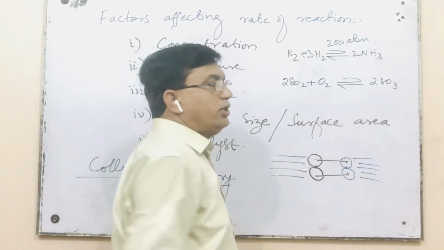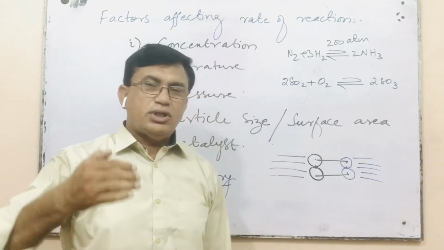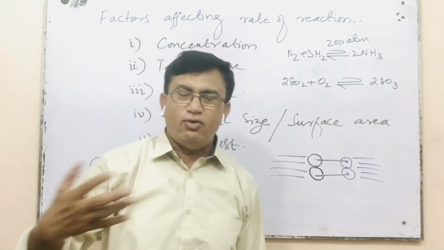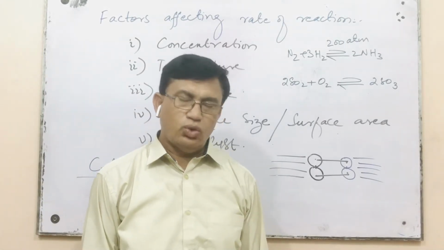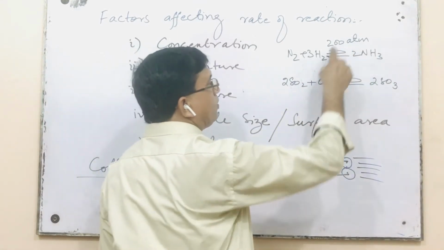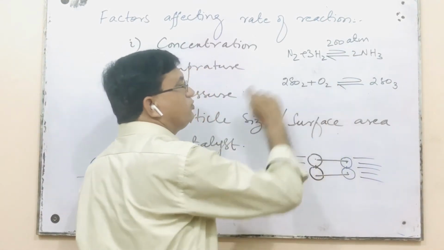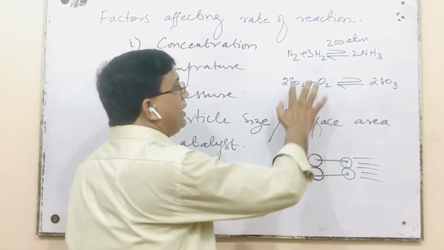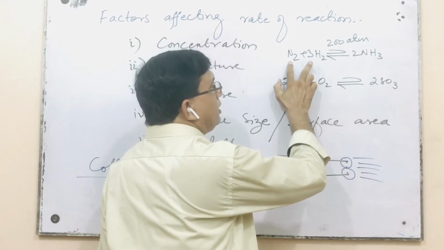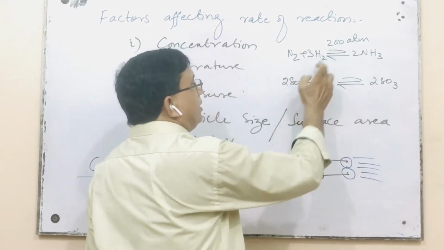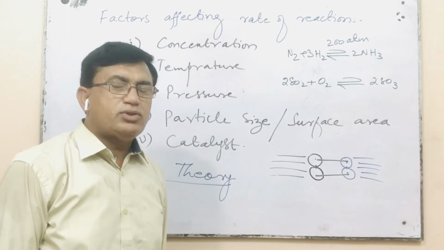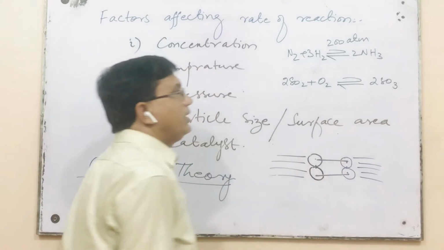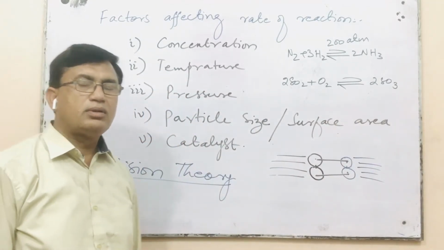To make the collision possible, because hydrogen is very light and will try to escape away from all other gases, very high pressure is required to make the collisions of both these gases possible. That's why high pressure, not only according to the volume, but for the collision of both gases, will favor and transform the reactant gases into the product gases.